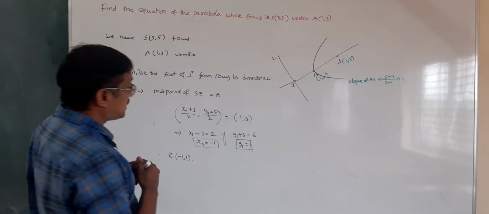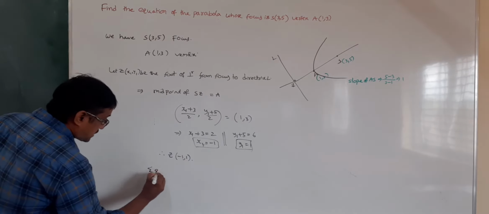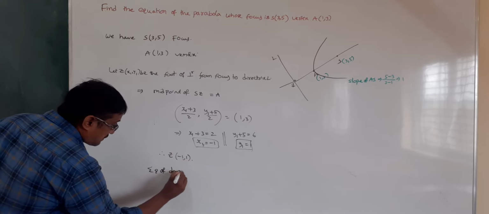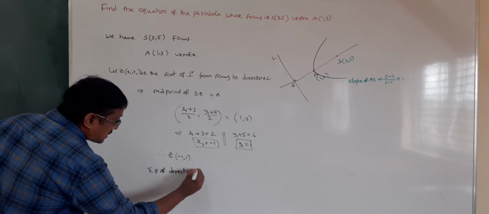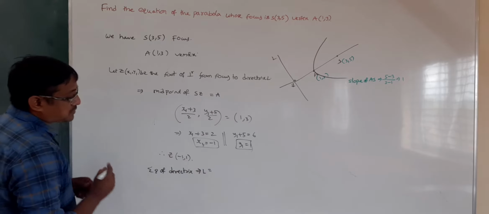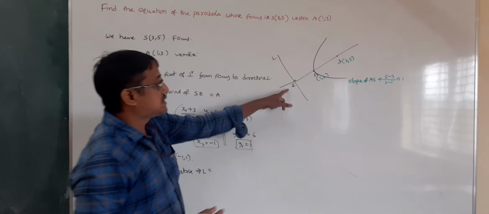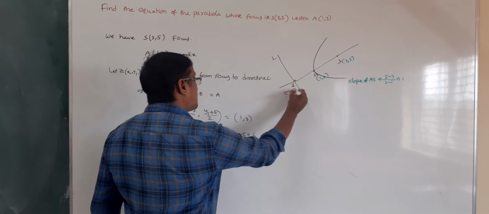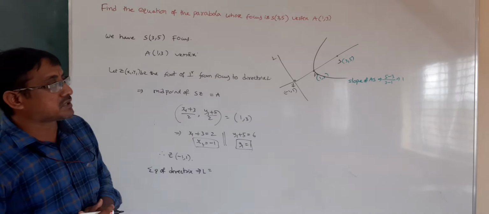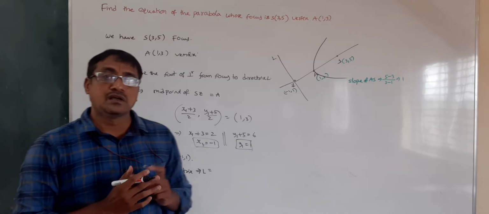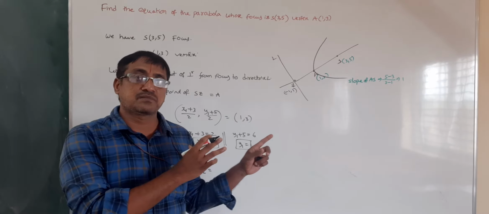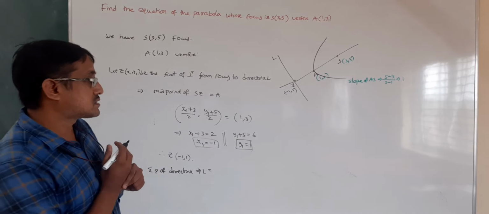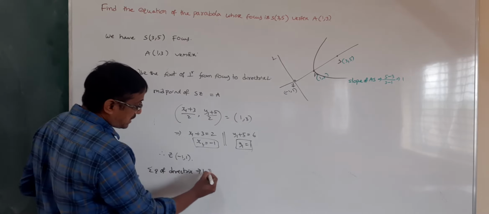Now you can find the equation of directrix. Since the directrix is passing through Z (minus 1, 1) and is perpendicular to the axis of the parabola, and the slope of the axis is 1, the slope of the directrix will be minus 1.